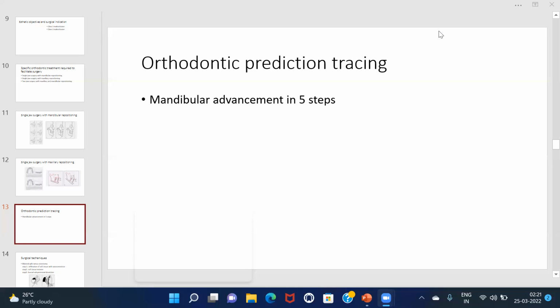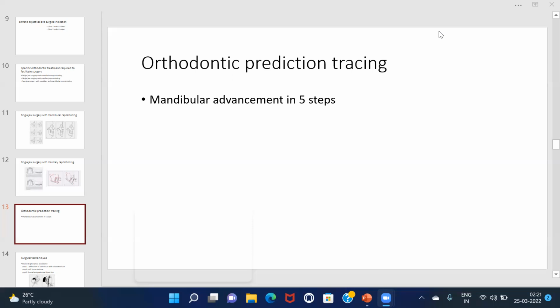In step 2, in this case, the clinical and cephalometric assessment of chin shape indicates advancement genioplasty. Begin the prediction tracing by tracing the mandible anterior to the vertical osteotomy line and above the horizontal osteotomy line in red on a clean piece of acetate. The teeth, lower lip, and the chin are traced in a dotted line.